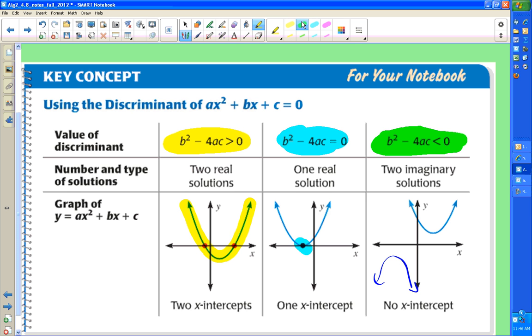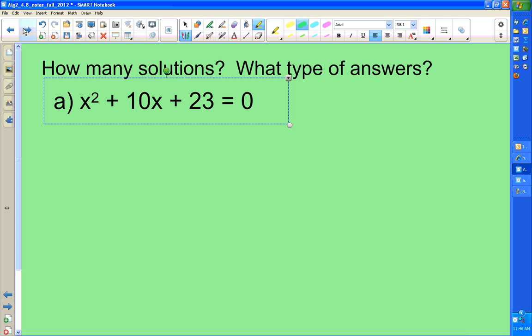The discriminant tells you about the roots, but it's probably not worth the effort to spend time saying, tell me about the roots. What do we really care about? We actually want to know what the roots are, not just what kind of roots we have.